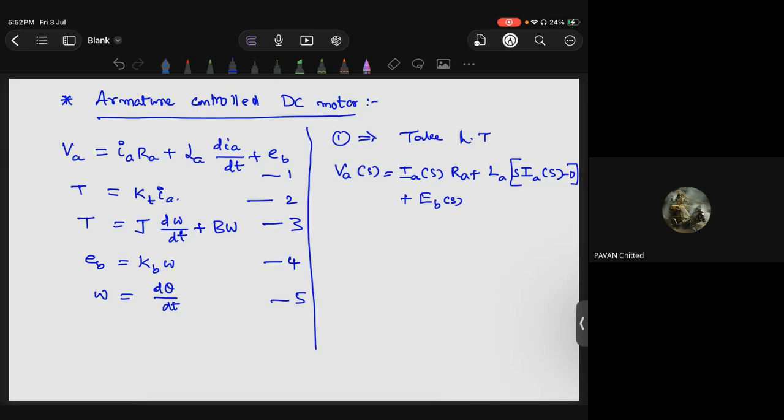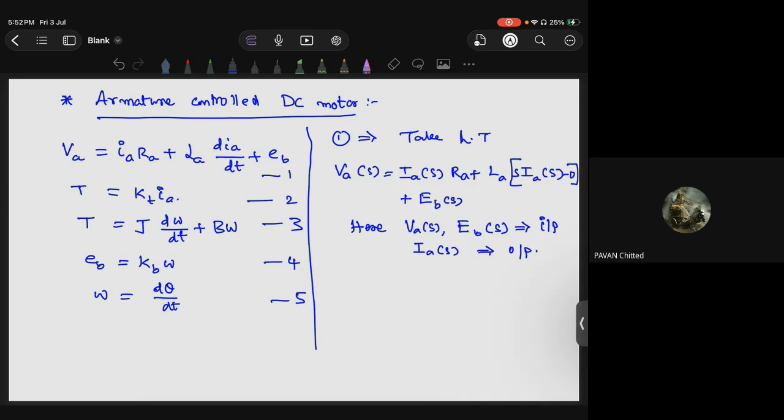Is this clear? Any doubts? Here VA of S and EB of S are the inputs, and IA of S is the output.